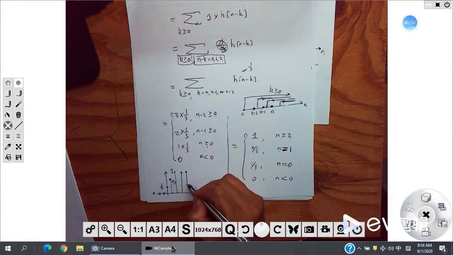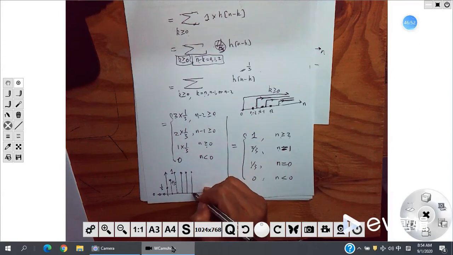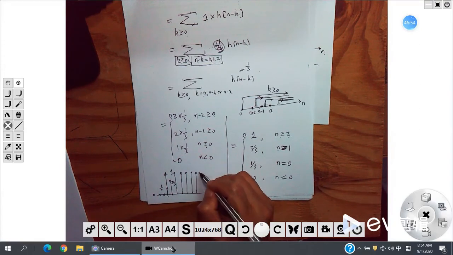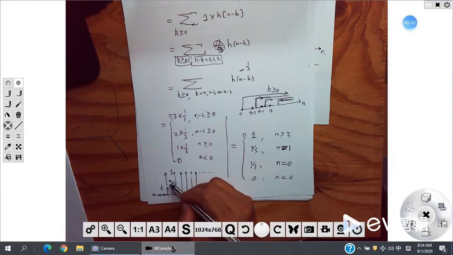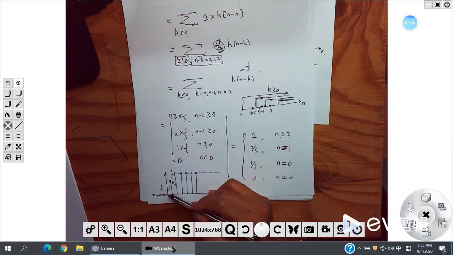For all n larger than 2, the value is 1, like this. It is also kind of a step, but it is not just one step from 0 to 1. It is separated by 1/3, then 2/3, then 1.